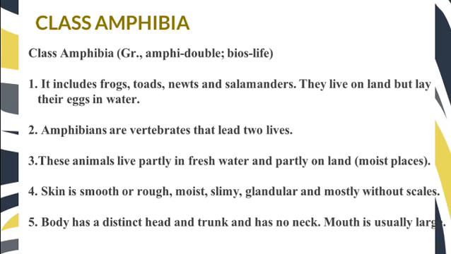And the second class is amphibia. Here amphi means dual life, that means they live on land and in water. It includes frogs, toads, newts and salamanders. They live on land but lay their eggs in water.